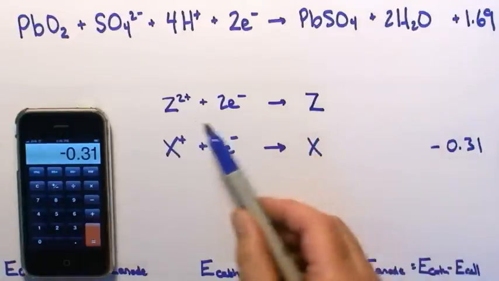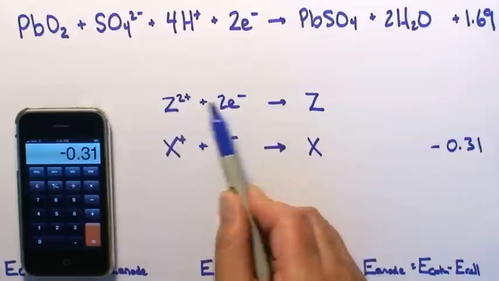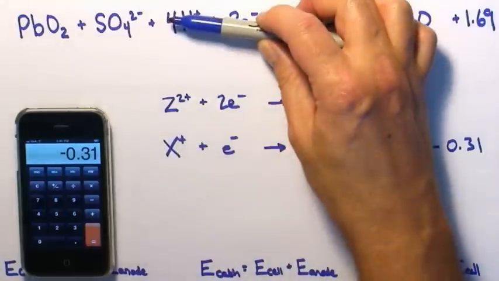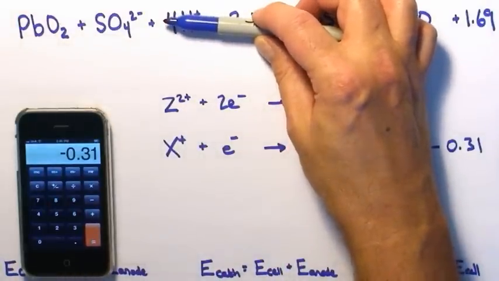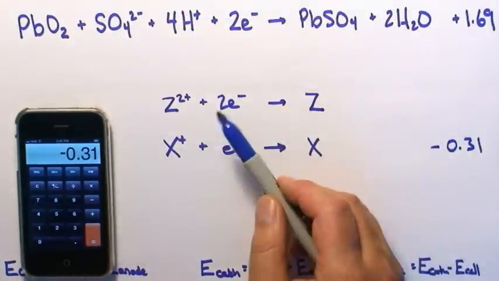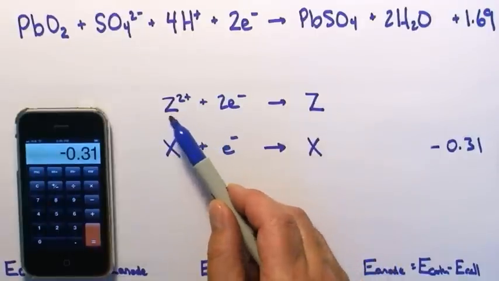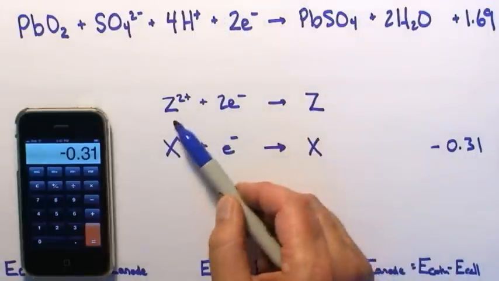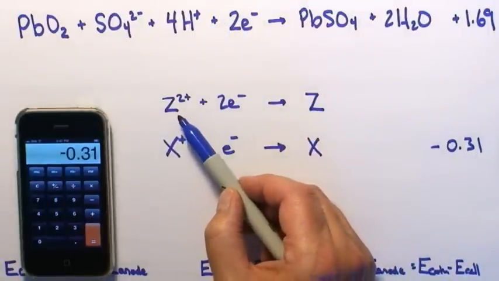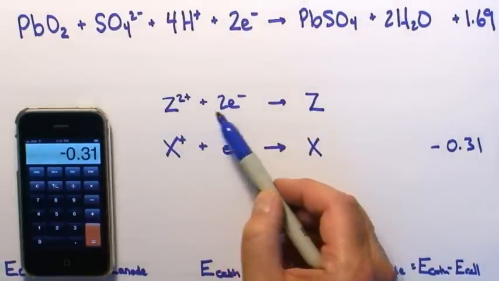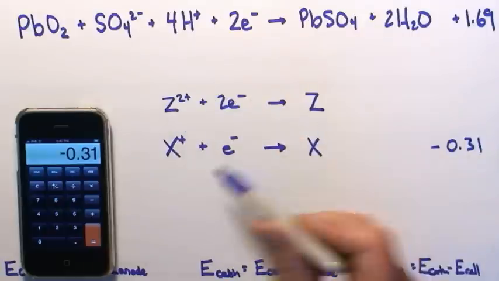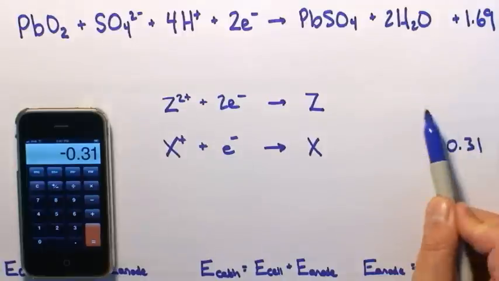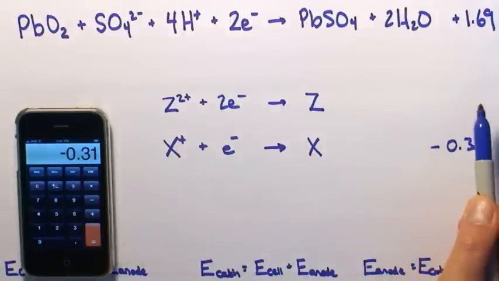Now, it could indeed be that Z could be above this reaction here, and so this is why you should write this stuff out in pencil, because if that's the case, then you have to erase it and just write it above this reaction. I'm just taking a guess here that it's going to be below, but it could just as easily be above. It depends on what value I get here.